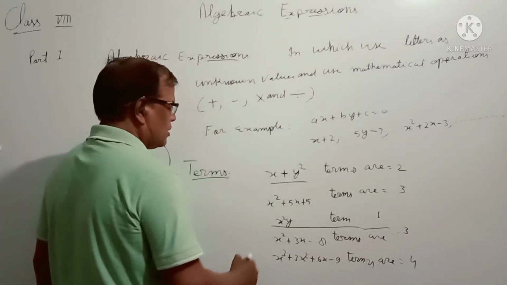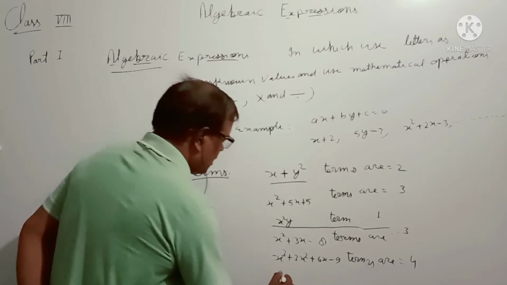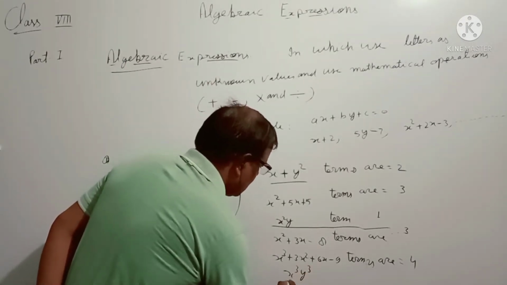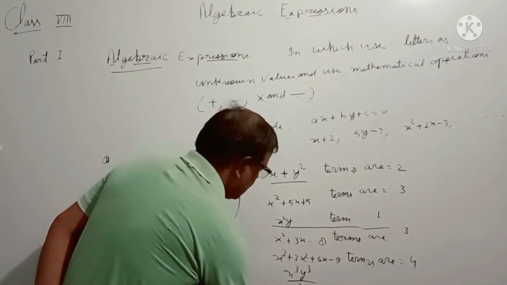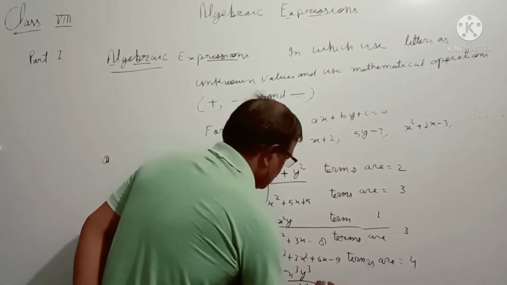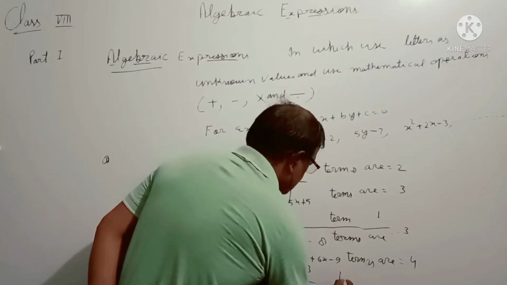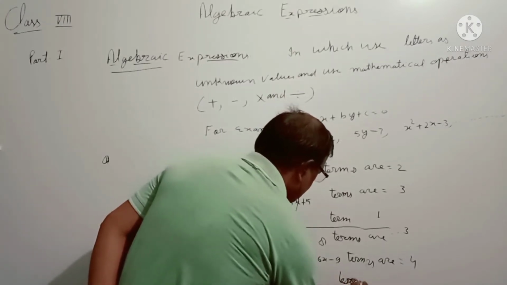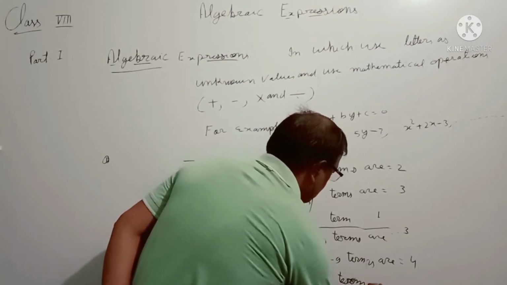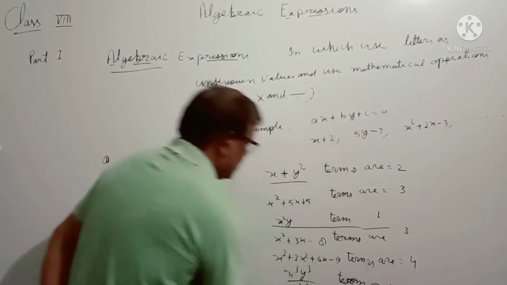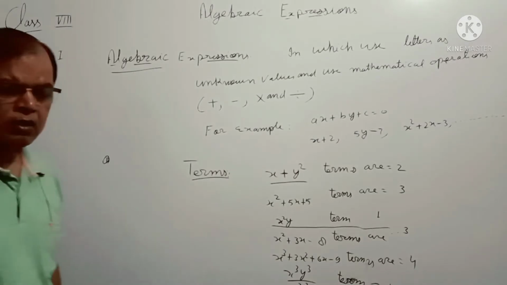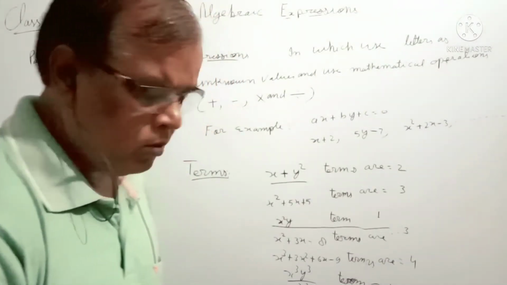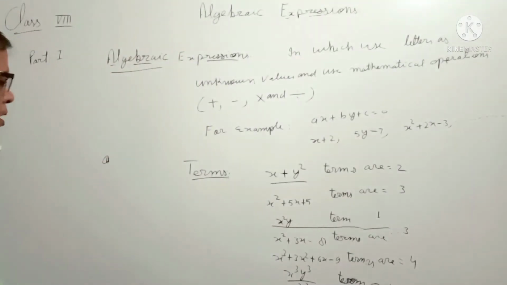As we have written x square y, or we can write x cube y cube divided by x square, then the term is only one. This way we have understood about the terms.